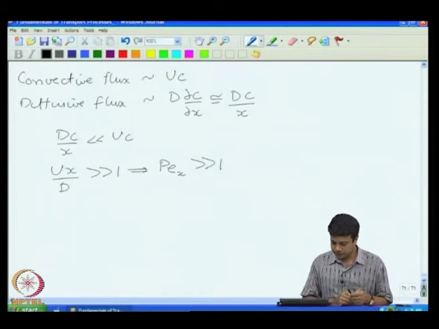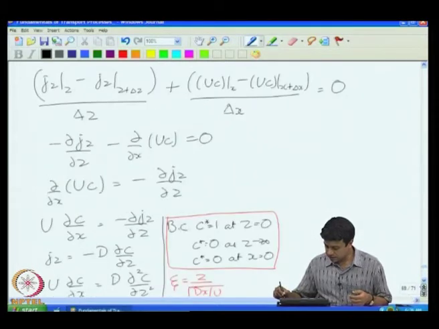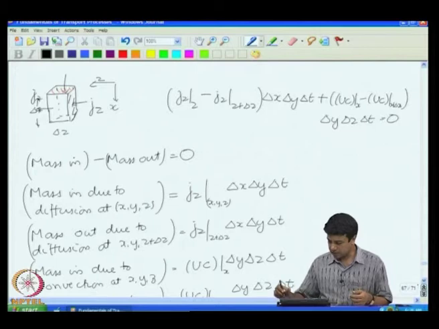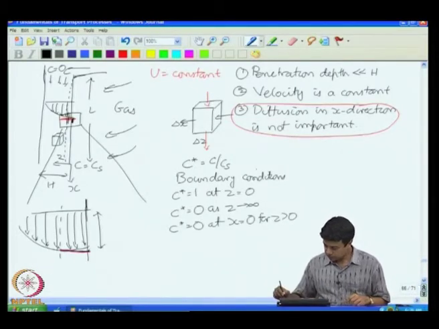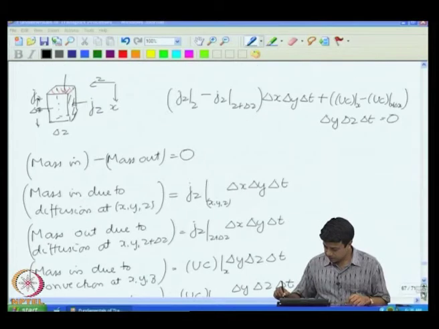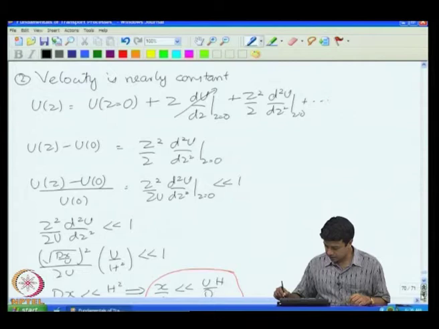So, we have looked at conditions under which the assumptions are valid, and now comes the time to actually calculate the correlation for the average flux as a function of the various other dimensionless groups in the problem. First things first, we will first calculate the flux at a given location.